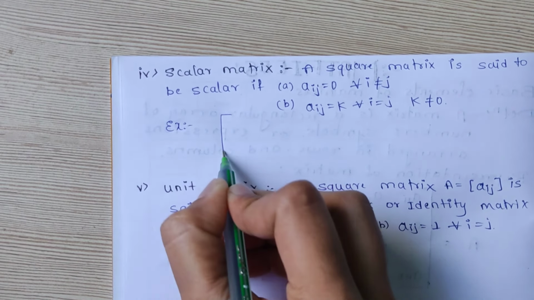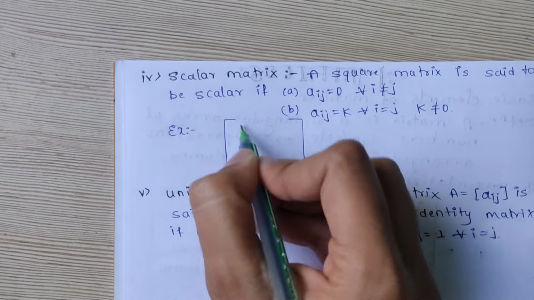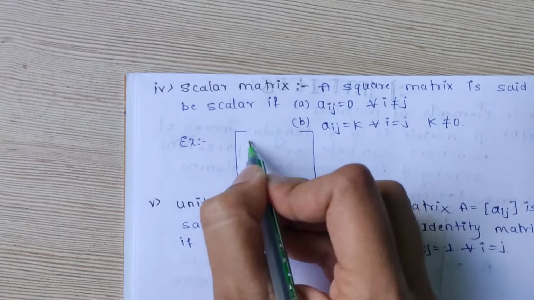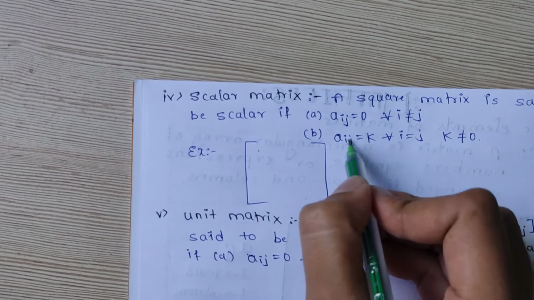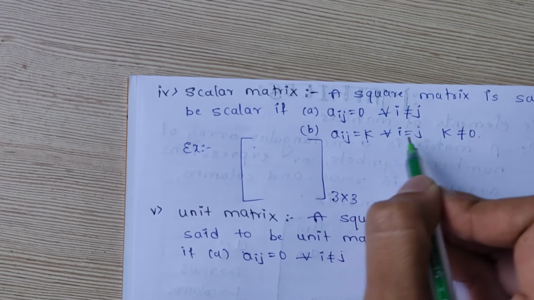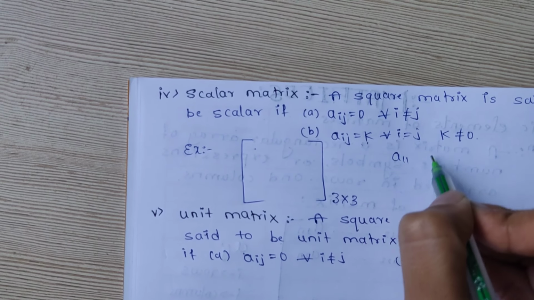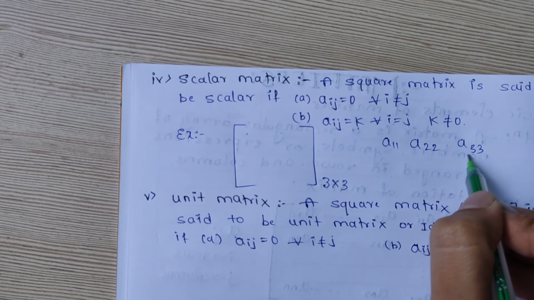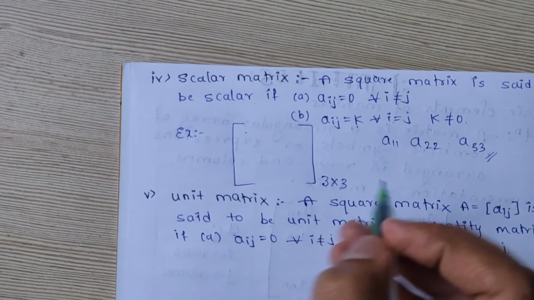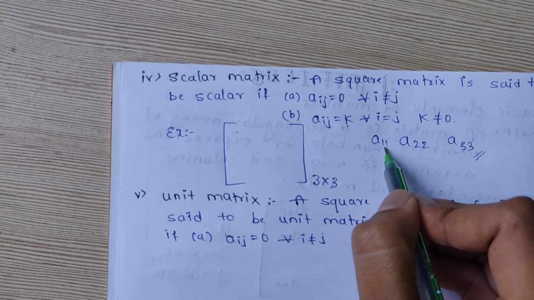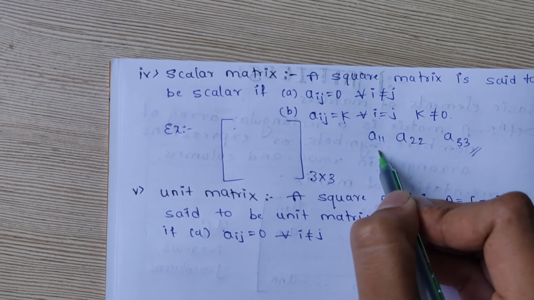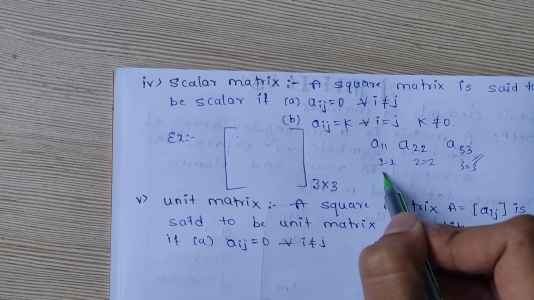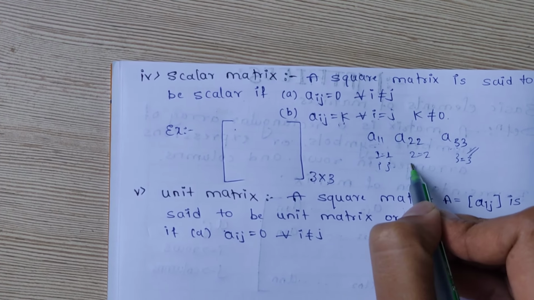Let us take an example. It should also be a square matrix. We'll take 3 cross 3. Aij equals k. What does i equal to j mean? A11, A22, A33. Since we have taken 3 cross 3, this will be the last element. We can see here i equals j means 1 equals 1, 2 equals 2, 3 equals 3, which is nothing but row equals column.